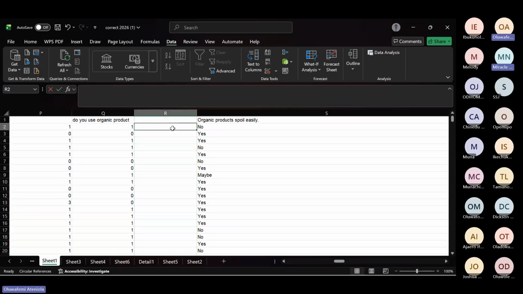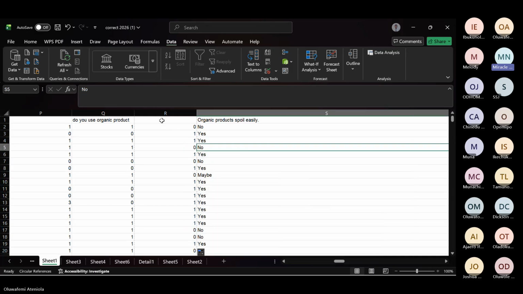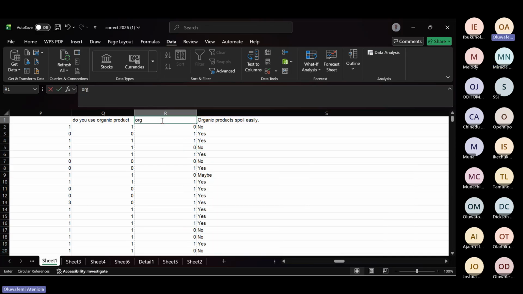So I'm going to say it's equal to, if what I have here is equal to yes, give us 1. Otherwise, anything else they say, just give me 0.